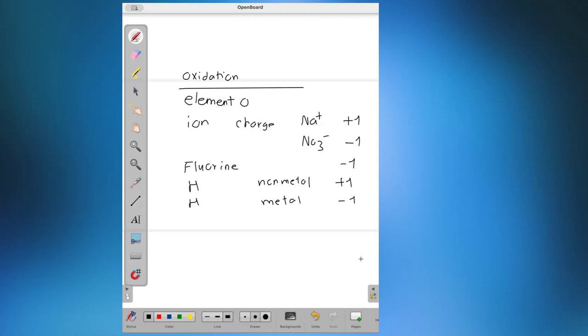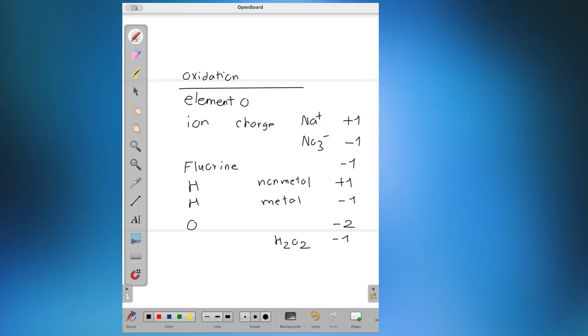Another is oxygen. I know that 99% of the time it is -2. Very rarely it is in a peroxide or superoxide. Then it will be -1. For example, in hydrogen peroxide, H2O2, it will be -1. It will not be +1 and it will not be -2.